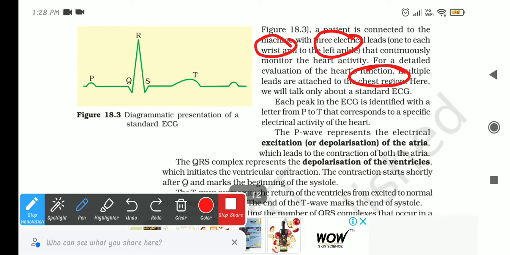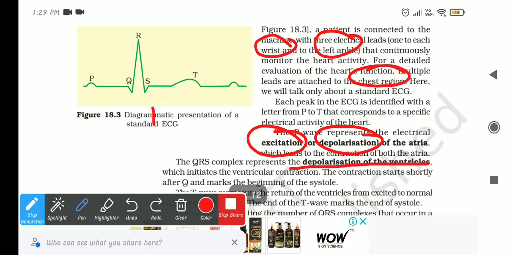Now each peak in the ECG is identified by letters from P to T, corresponding to a specific electrical activity of the heart. P represents the excitation, or depolarization, of the atria, and QRS represents the depolarization of the ventricles.